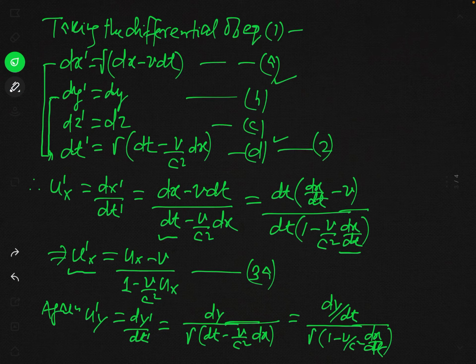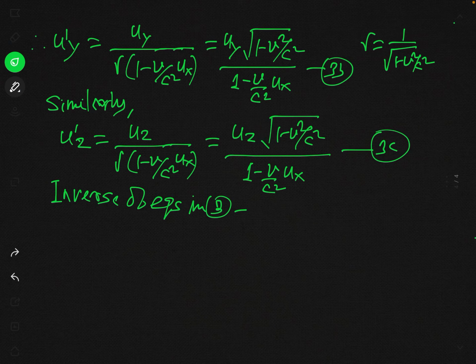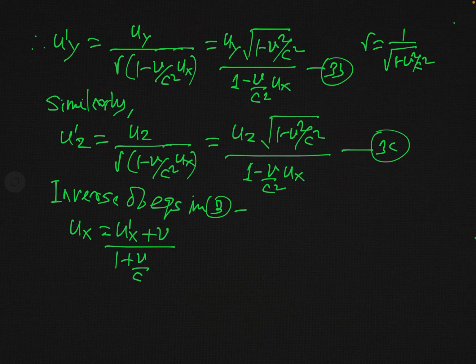Again in the denominator this v will be minus v, and so that will become plus, and ux will be replaced by u prime x. So following this instruction we can write the inverse transformation: ux equals u prime x plus v over 1 plus v over c square u prime x, and say this is 4a.